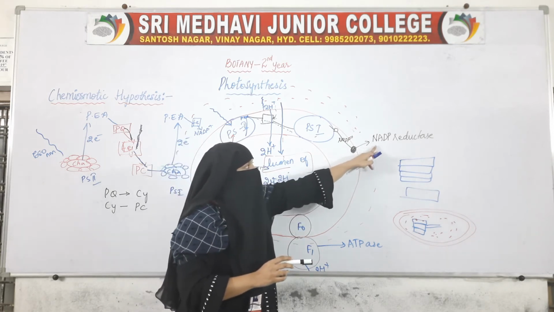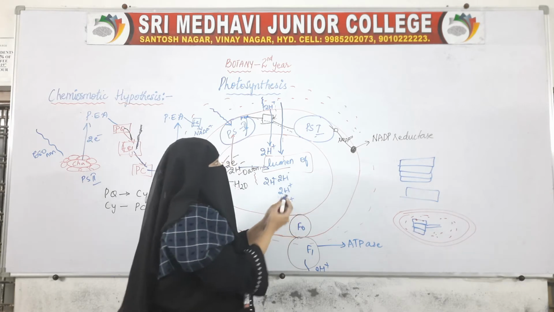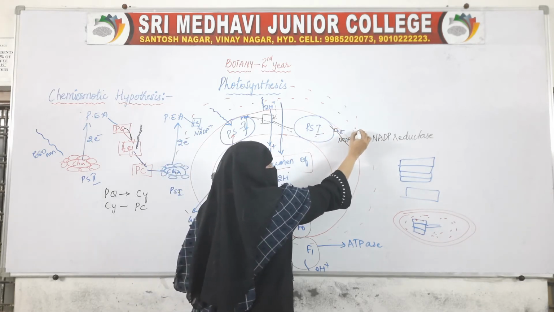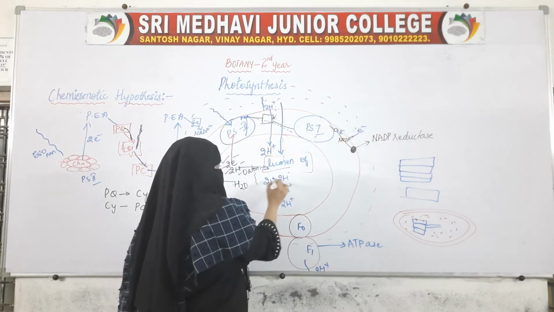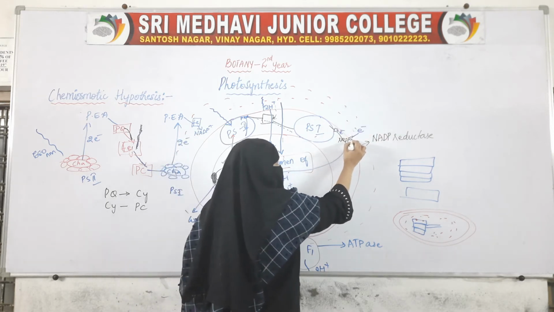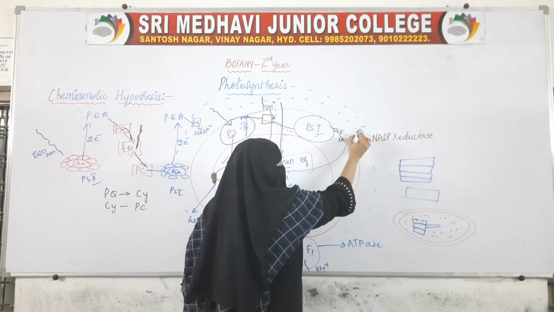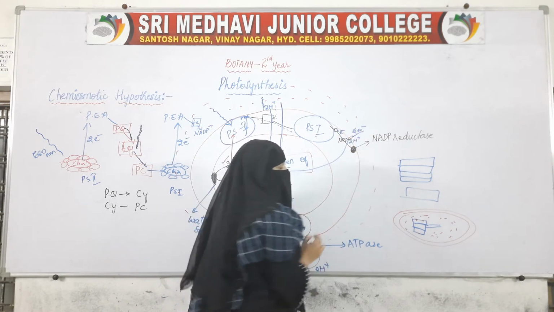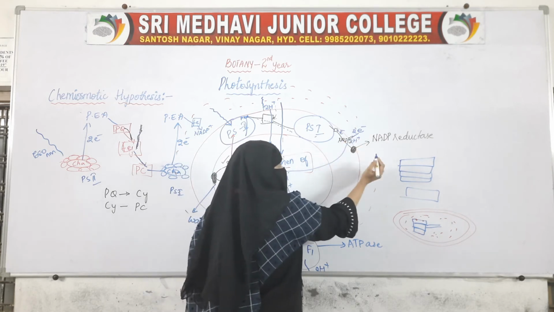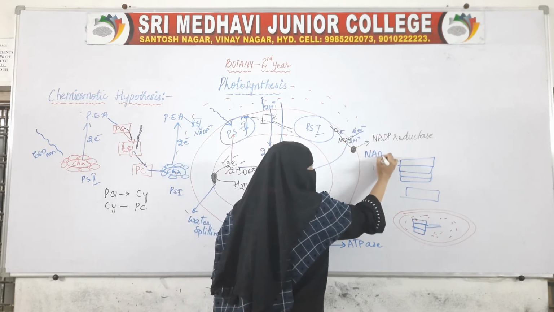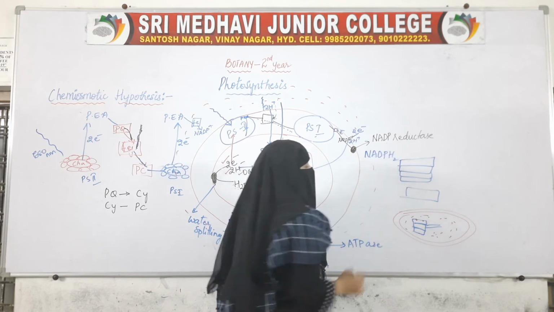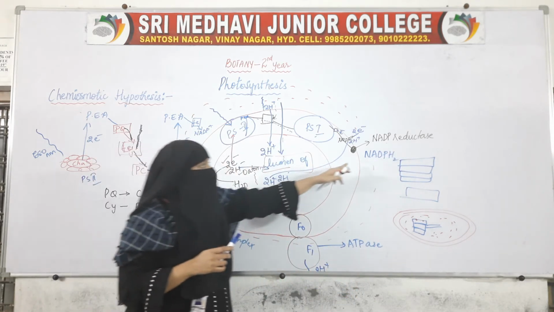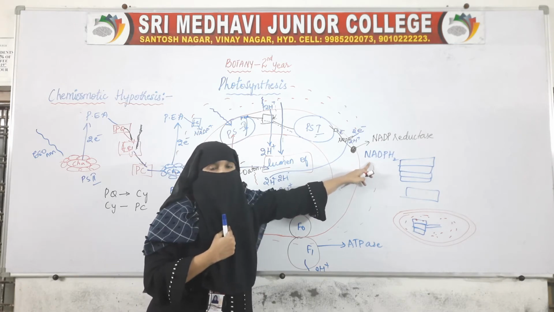With the help of this reductase and this electron, and with the help of a few protons, this NADP plus will change to NADPH2. So this is how NADPH2 is formed.